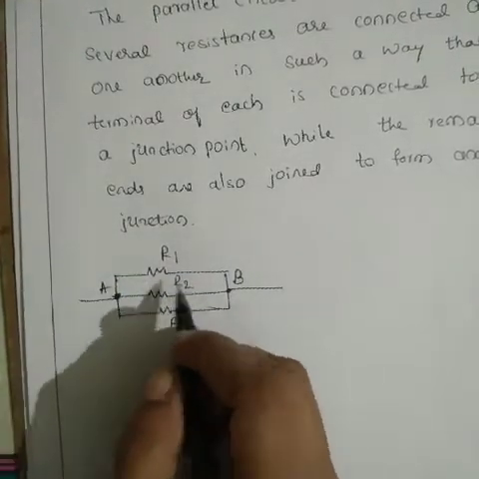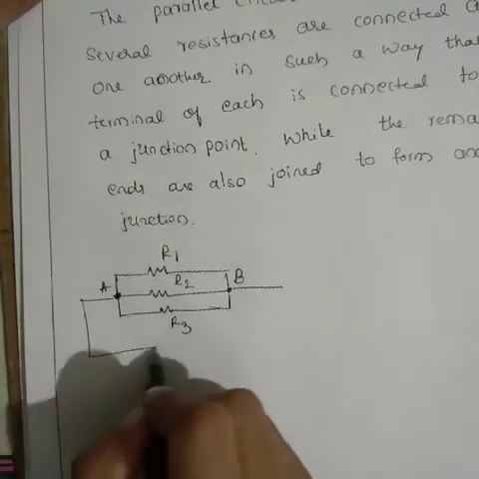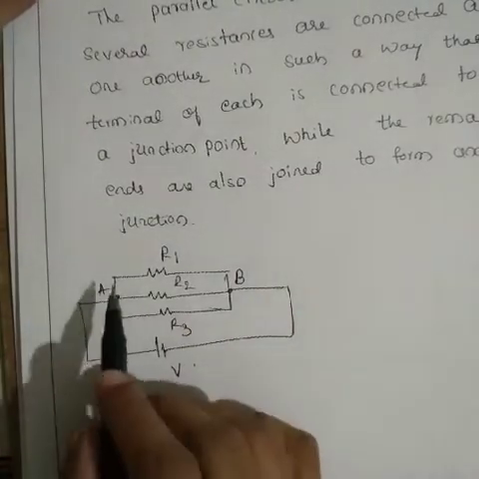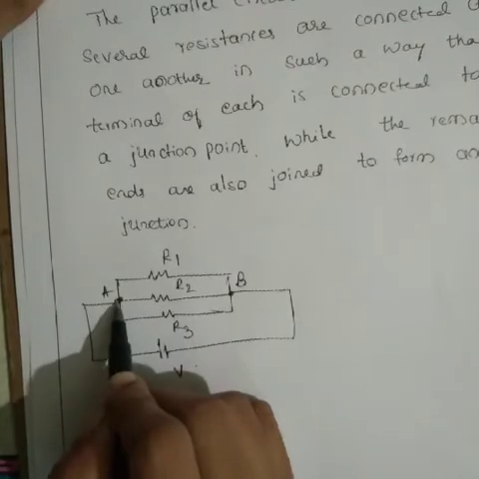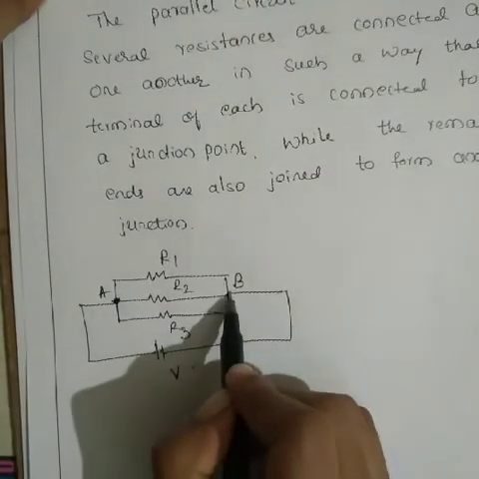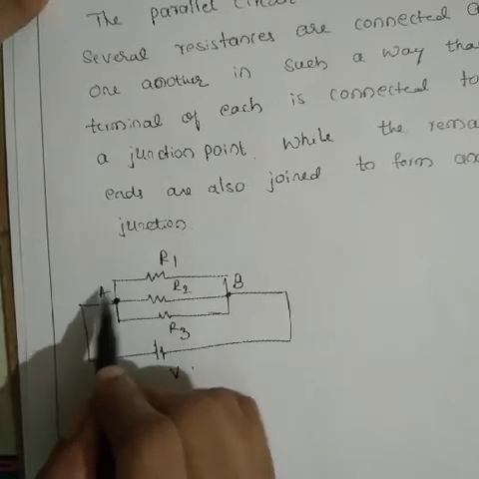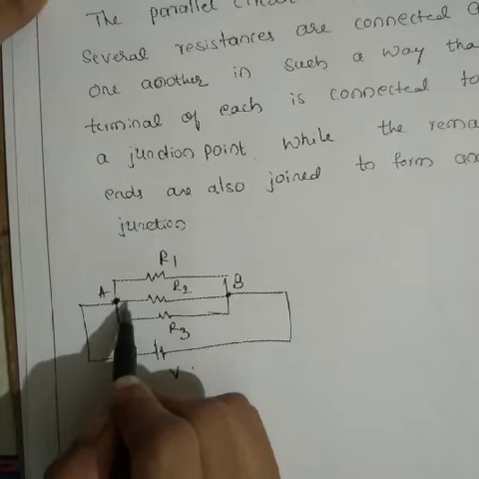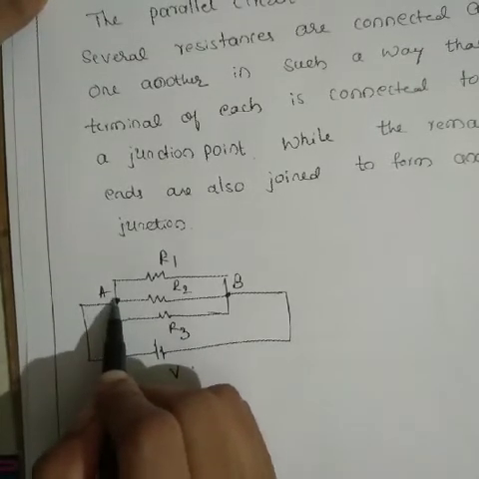This type of circuit is called a parallel electric circuit across the voltage source V. Consider three resistances meeting together at one point. This is called the input point. This is your output point. This is nothing but a node. More than two wires, 1, 2, 3, 4, here four wires are meeting together at one point. It is called a node, junction point.